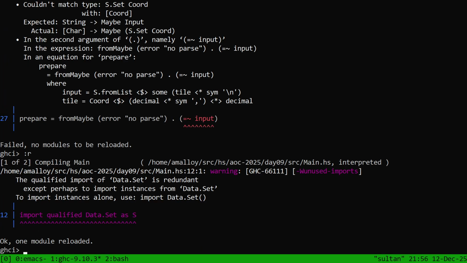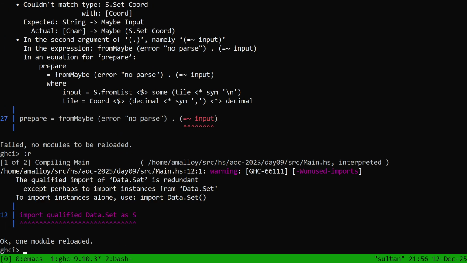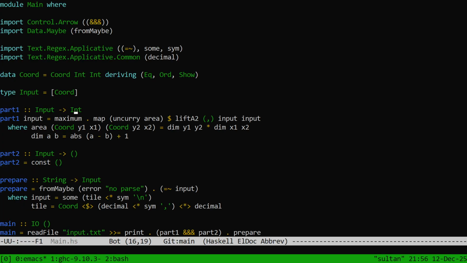And I told Haskell to count to 10 billion for me as fast as it could. And it took a minute and a half. And if you have to do anything more complicated than increase an integer 10.5 billion times, it's going to take a while. So before I get started on all this, I wanted to confirm that my polygon is of reasonable size, even though the grid itself is very large.